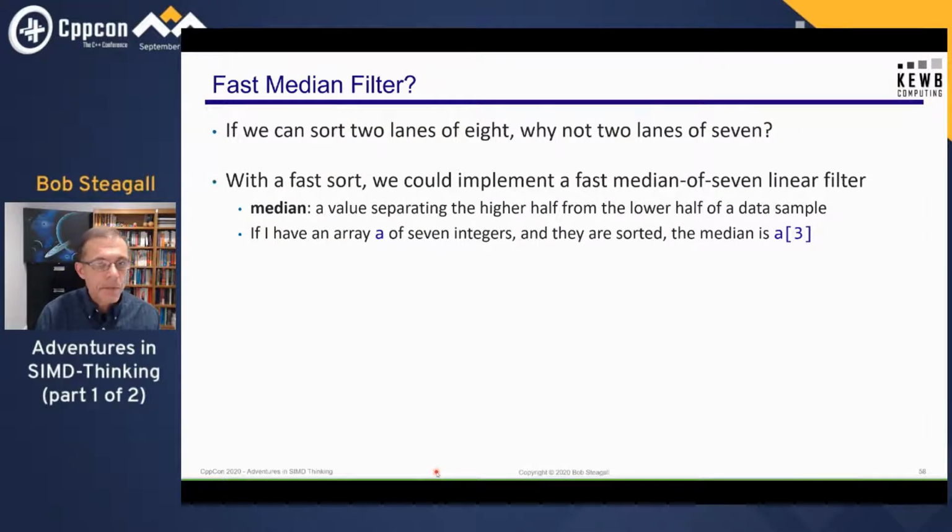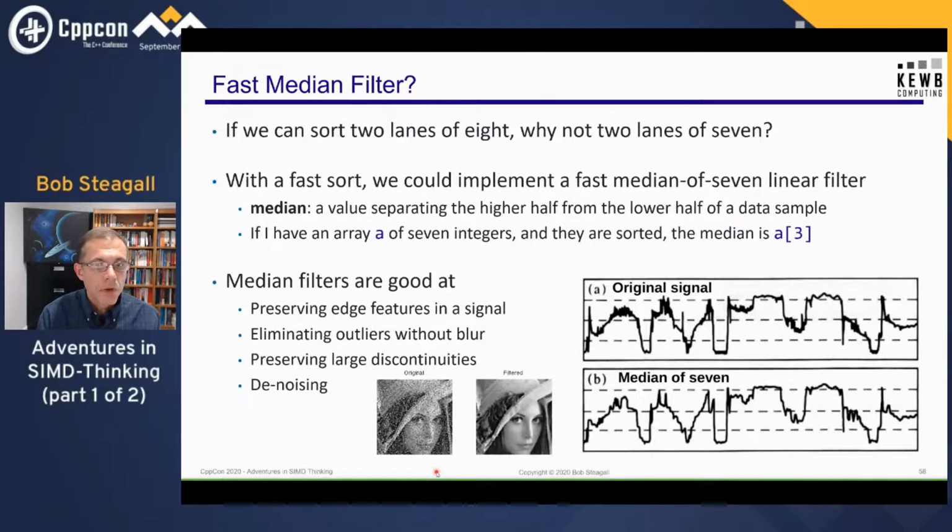And keep in mind, if you have an array A of 7 integers, and these are the sorted integers that you want to compute your median from, assuming that you're indexing from 0 to 6, the median is going to be in index 3. So keep that in mind as we go. So median filters are useful because they're good at preserving edge features in a signal.